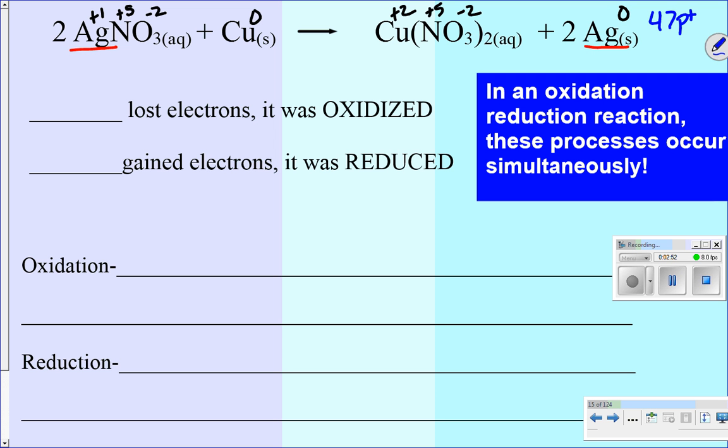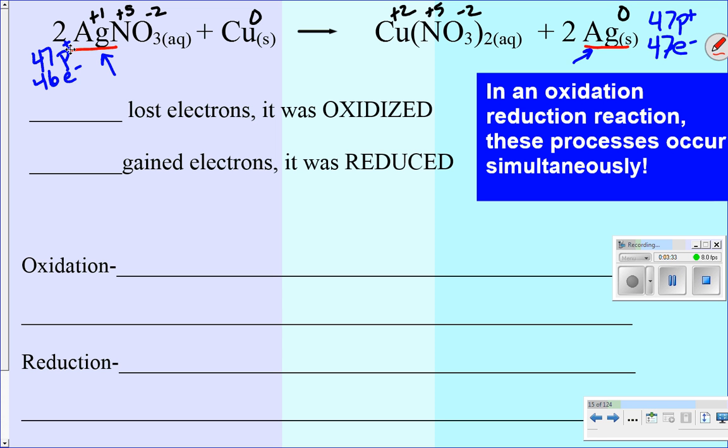In a neutral atom of silver, we also have 47 electrons. So that's on our product side when we end up with our neutral silver. Looking at our silver over here that's combined in a compound, we have 47 protons. An electron has been lost to give us that +1 charge, so we actually have 46 electrons. What this tells me is that from the reactant side to the product side, the silver ion gained electrons. So it has 46 on the left side, and it has 47 over here. So silver has gained electrons.